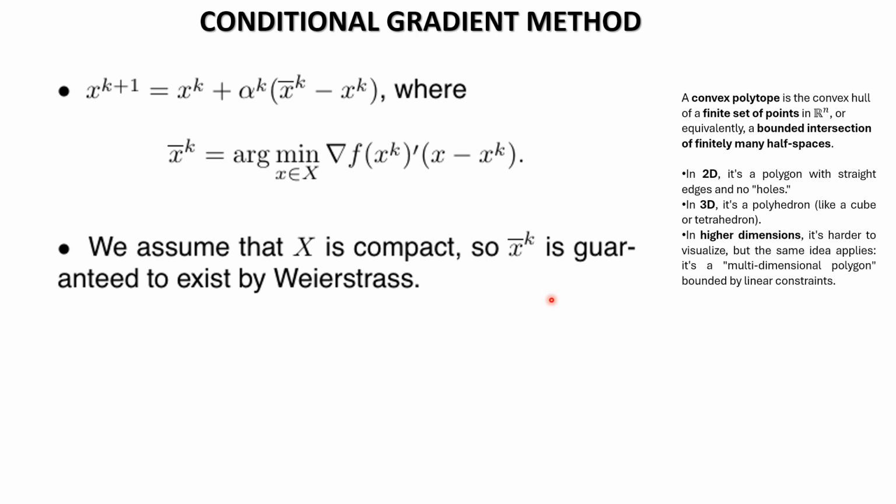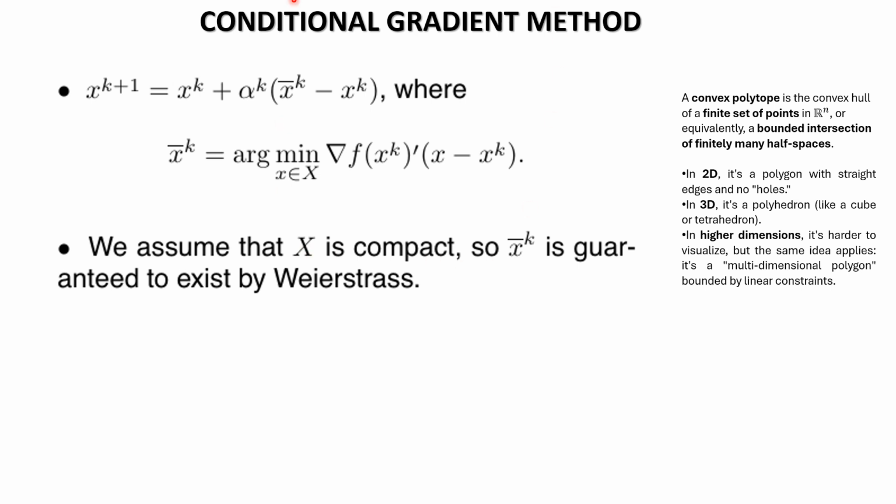The function of multiplication is linear and thus continuous. If the set X is compact, closed, and bounded, then the minimum must exist in X. Therefore, x bar k exists and it's well defined. This assumption ensures the well-posedness of the method.